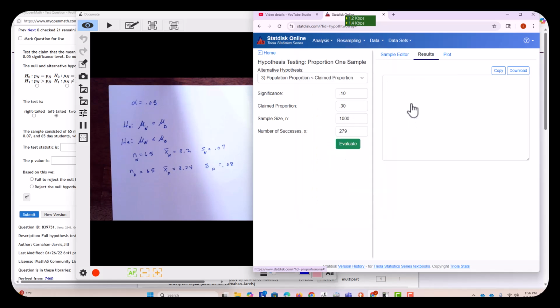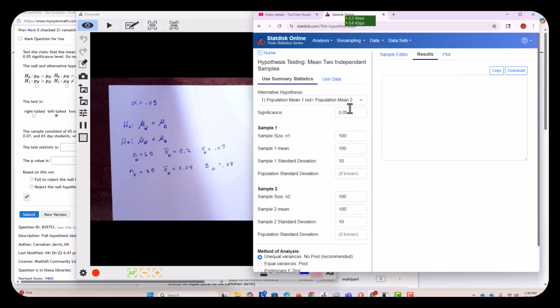Mean, two independent samples. So the alternative, again using summary statistics, the default is not equal, so do less than. Alpha is 0.05. Sample size of the first one. Sample mean is 3.2. Standard deviation 0.07.